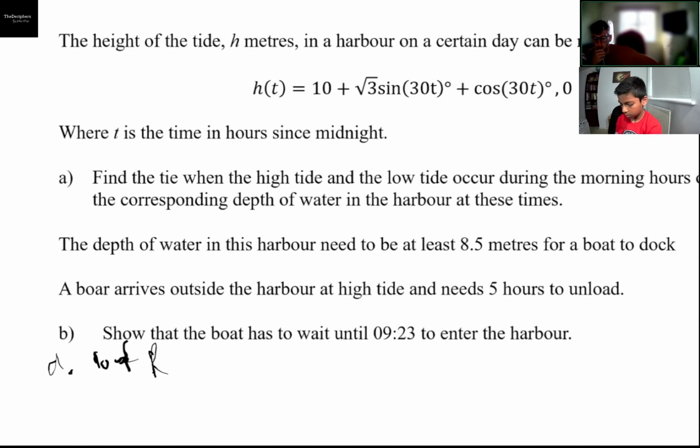Because it's sine plus cos, you can use r sine 30t plus alpha, but you could also use r cos 30t minus alpha, because when it's the compound angle formula with cos minus, that's a plus. You would just need to change the cos and sine around in the original equation, make it 10 plus cos 30t plus root 3 sine 30t, but because it's all addition, and addition is commutative, it doesn't really matter which order.